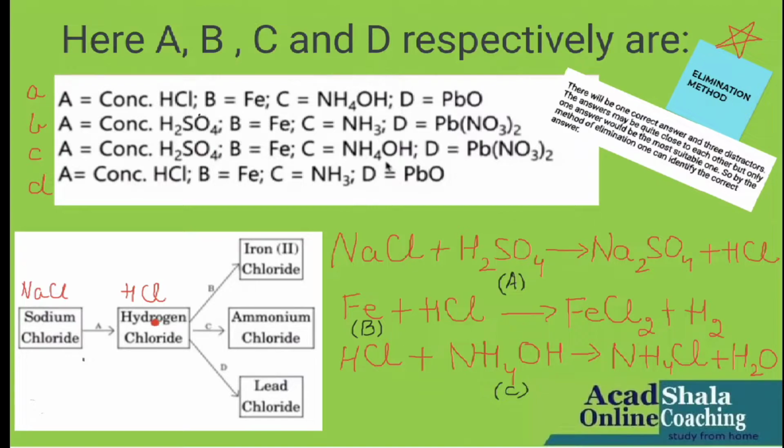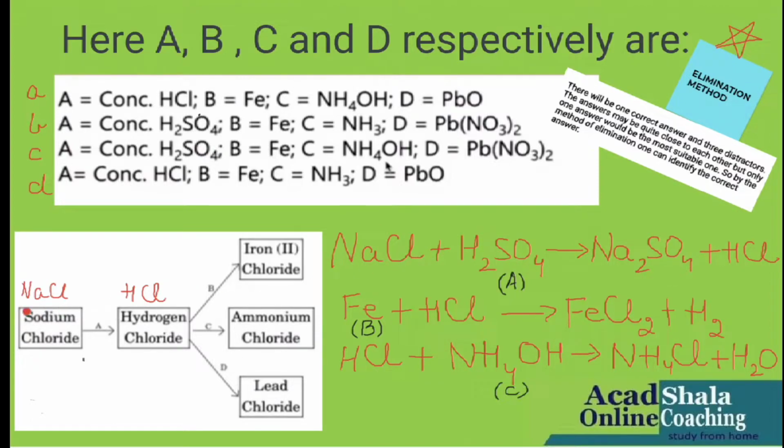Now it should strike your mind what this A is, which reacts and forms HCl. You see that chloride is here, and hydrogen is formed along with something chloride over here. So there must be something, this A, which also has hydrogen. We will frame the equation in the rough side column to go for the best appropriate answer.